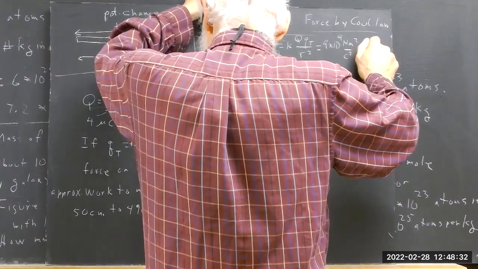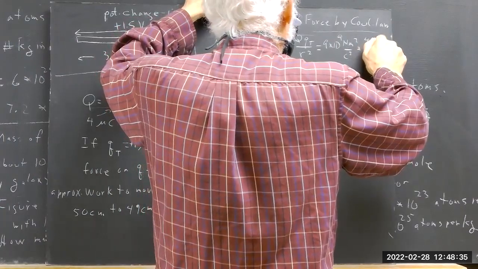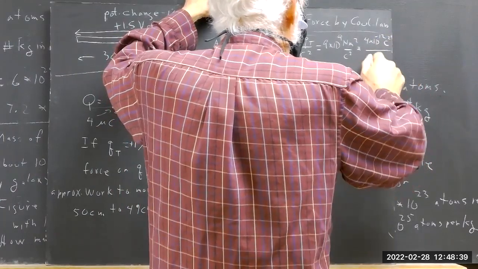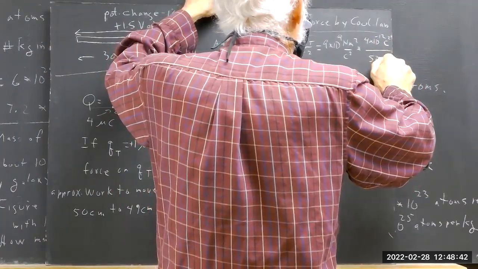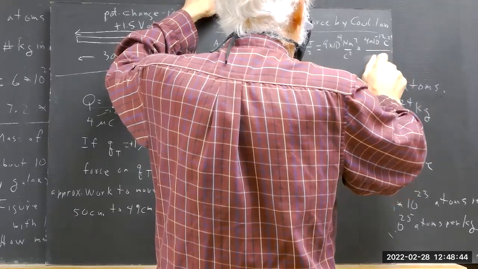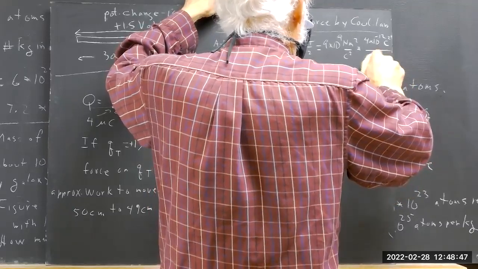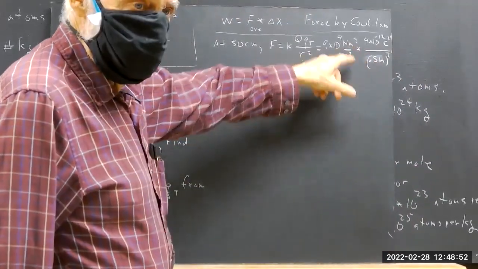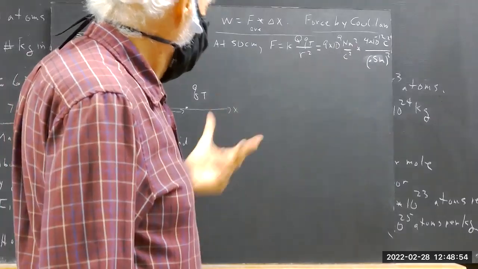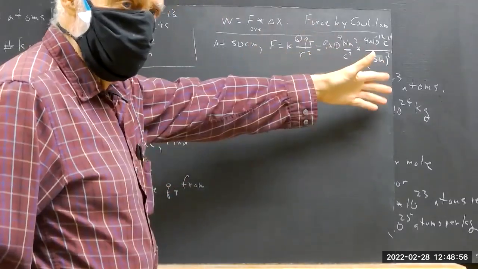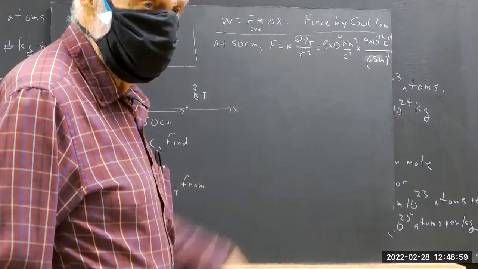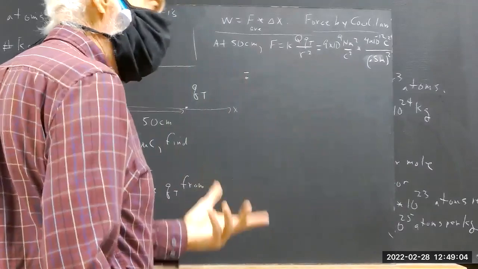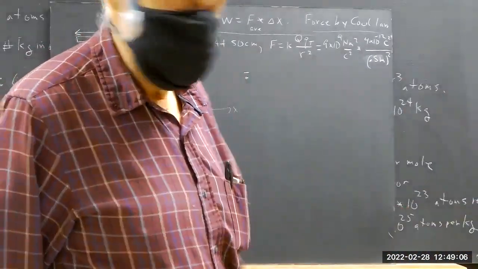So this is 4 times 10 to the negative 12 coulomb squared over, we could write 50 centimeters. Of course, centimeters squared is not going to articulate with the meters squared there. So at some point we have to do conversions. So we might as well write this distance in meters. But it could be done either way, as long as you're careful about your units and write the units out like I keep telling you need to do.